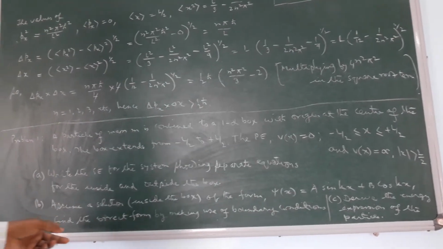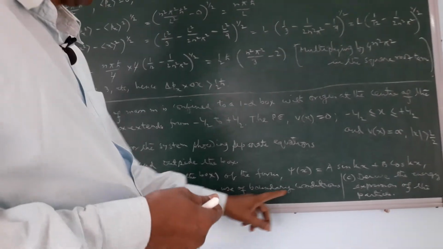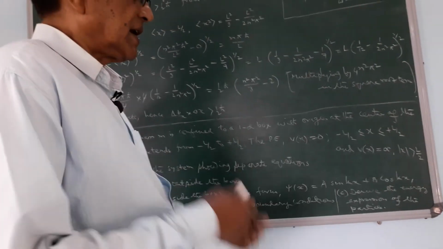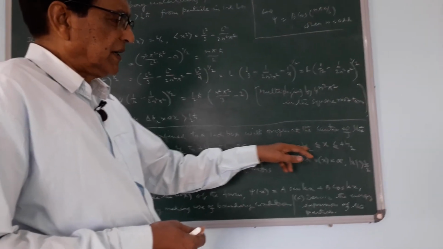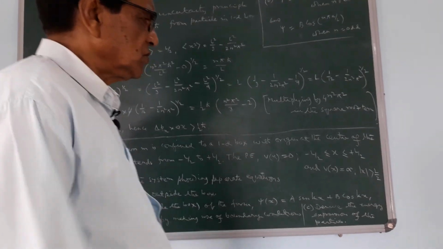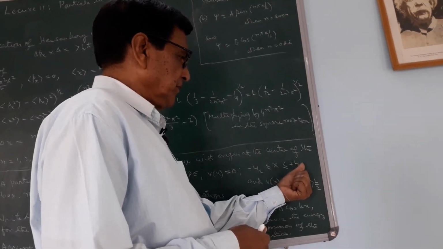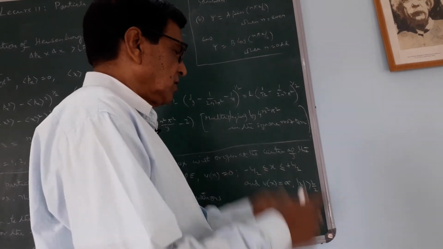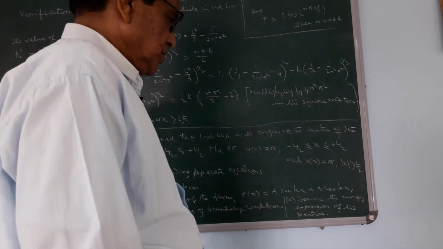So find the correct form by making use of the boundary conditions. Boundary conditions are, whenever x equal to minus L by 2, then psi equal to 0, and whenever x is plus L by 2, then also this psi is equal to 0.